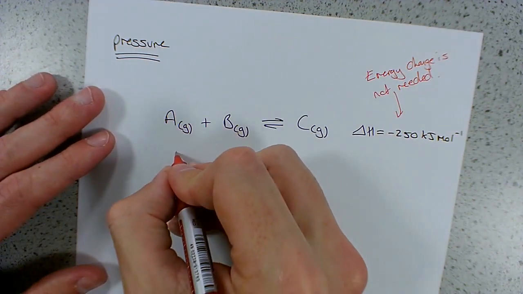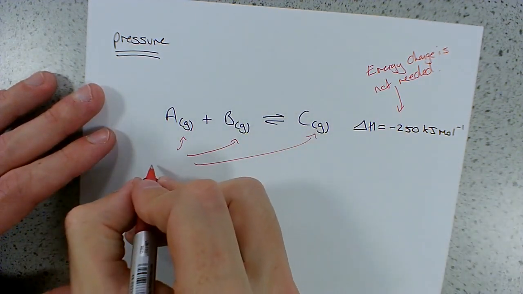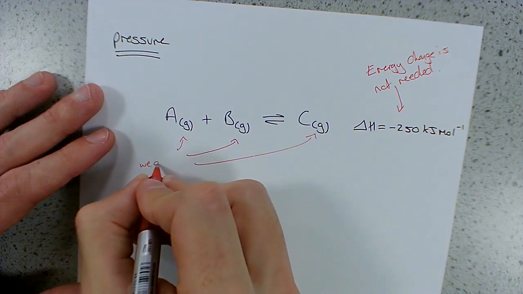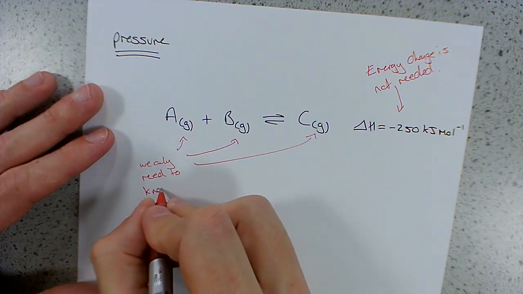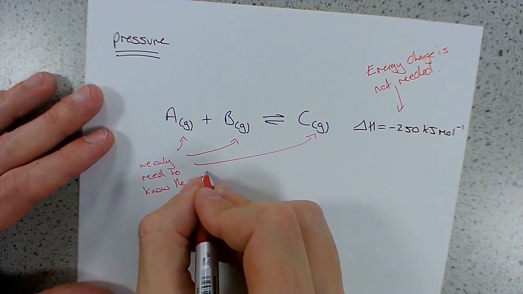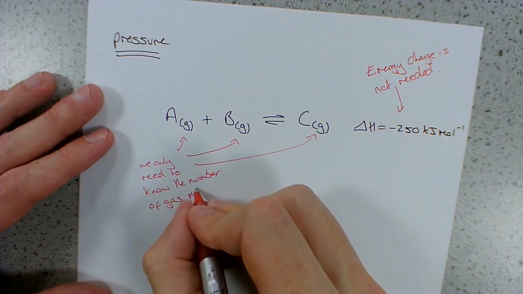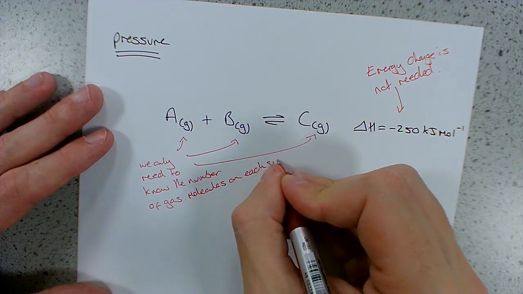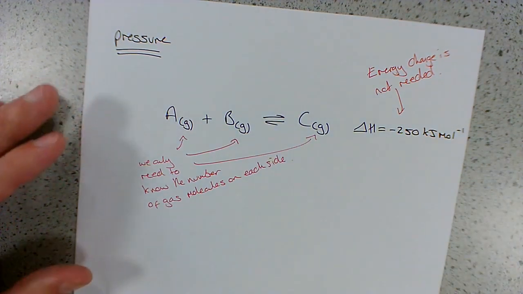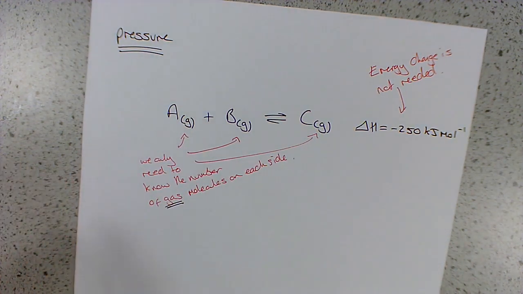So we only need to know the number of gas molecules on each side. That's the information we need. So we need to know their state symbols, we need to know that they're gases, and we need a balanced equation so we know how many are on each side.